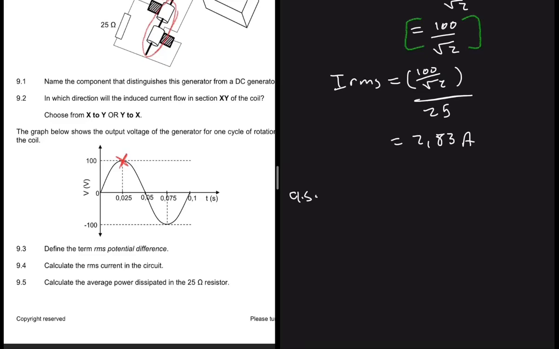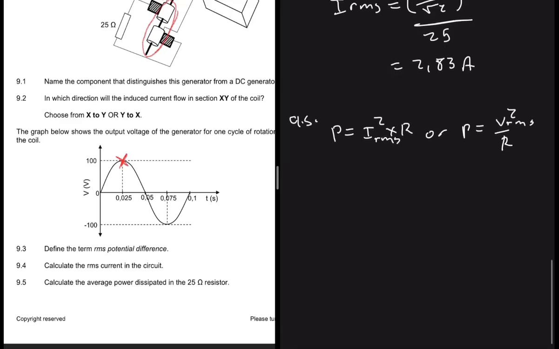The way you would calculate this power is very close to how you calculate power in electric circuits. We know that in electric circuits we have the power equal to I squared multiplied by R, or the power equal to the voltage squared divided by the resistance. The only difference in electrodynamics is that instead of the current just being the current, we use IRMS, and instead of the voltage just being the voltage, we use VRMS.